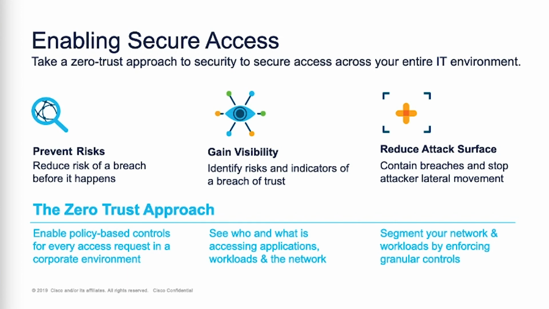And with the zero trust approach, you can gain visibility into who and what is accessing your system in order to identify risks and indicators of a breach of trust. And finally, you can reduce your overall attack surface, contain breaches, and stop an attacker's lateral movement by enforcing very granular controls that allow you to segment your network and your workloads.